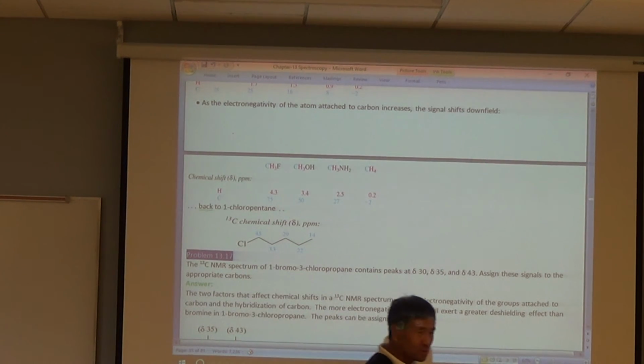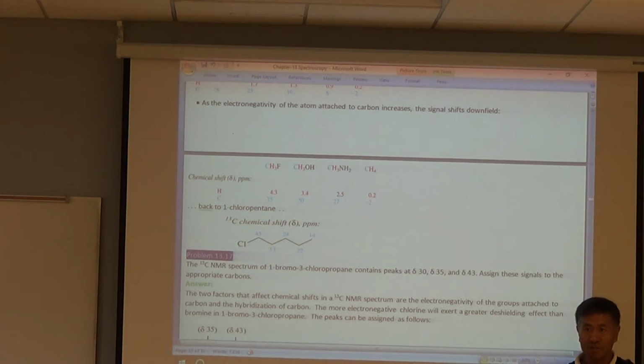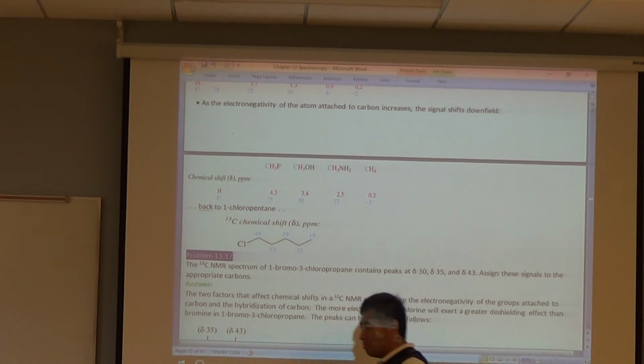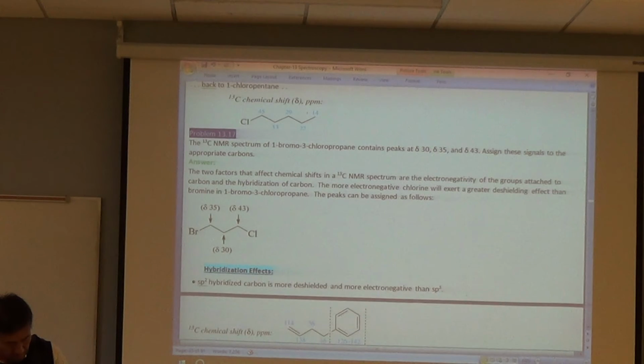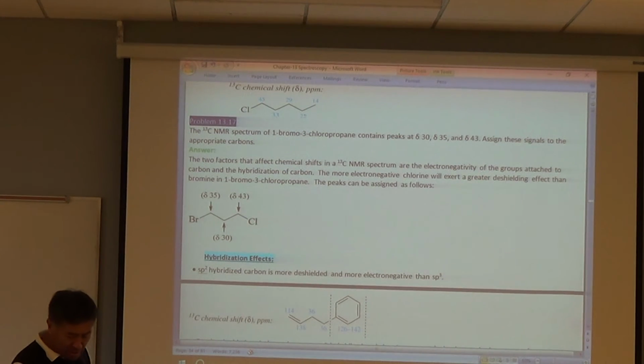Another point I want to say is the chemical shift for the carbon-13 NMR has a range from 0 to about 200. For the proton NMR it is about 0 to 12. The program we can understand is very similar to what we saw before for the proton NMR.